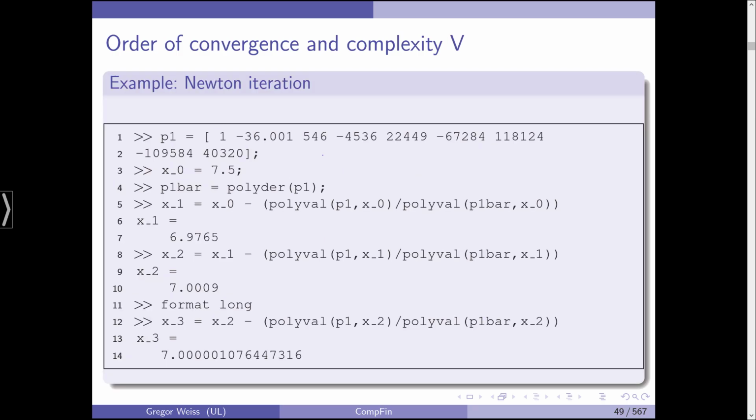To do this in MATLAB, again we are using our slightly disturbed polynomial. x0 is 7.5. Polyder is the function that gives us the coefficients of the first derivative of this polynomial. x1 then equals x0 minus the value of this polynomial, polyval, p1 at x0, divided by polyval of p1 bar, that's the first derivative, at x0.